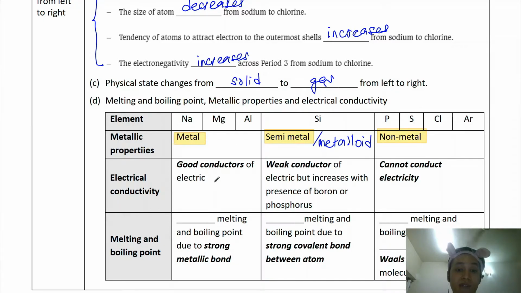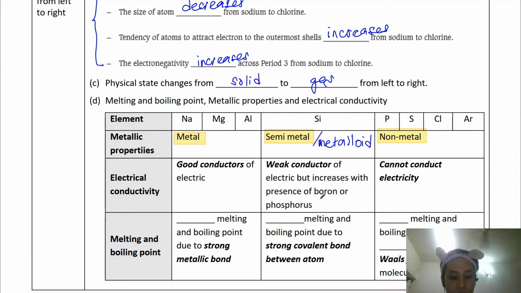If you are a metal, you have good electrical conductivity. If you are a non-metal, you cannot conduct electricity. Semi-metals are technically weak conductors, but we can increase their conductivity.